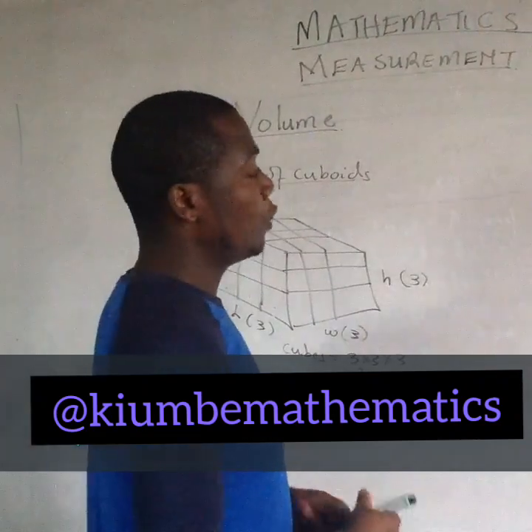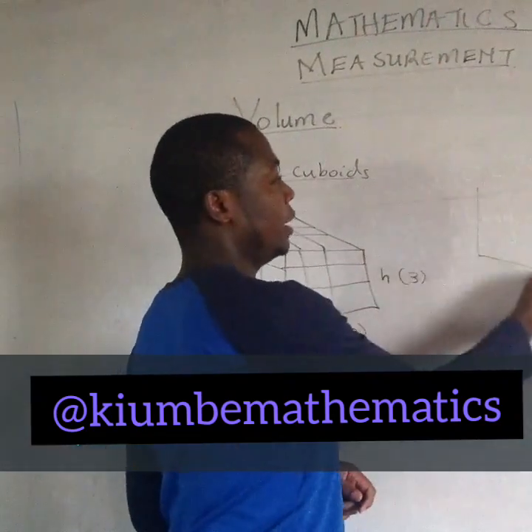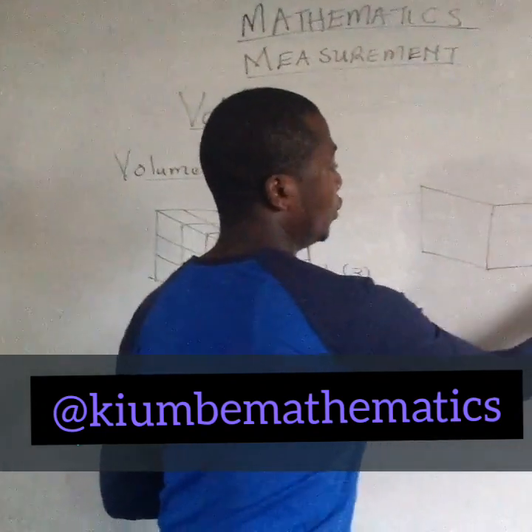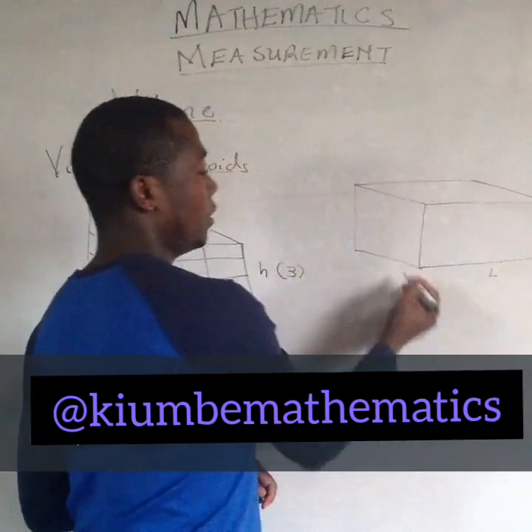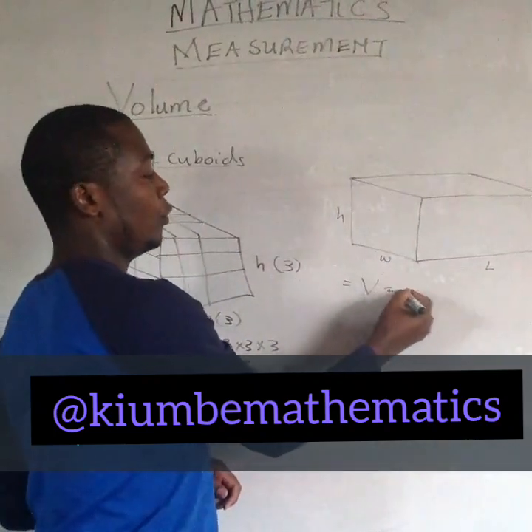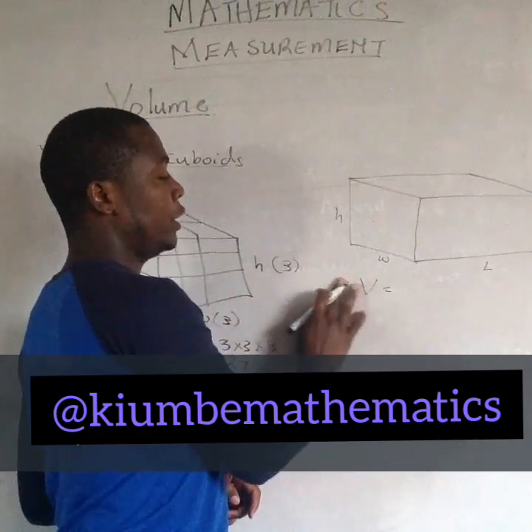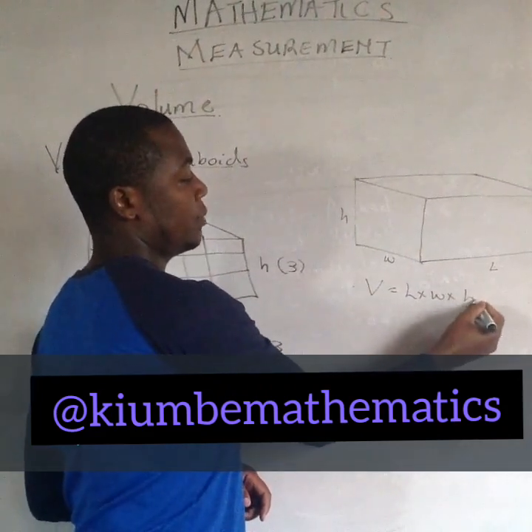Basically, if you are looking for volume of a cuboid, which is in the same nature, we shall also simply take the length, the width, and the height, and then we multiply. Therefore, the formula of finding volume of a cuboid is length times width times height.